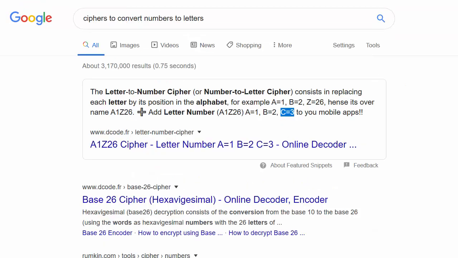If you now Google ciphers to convert numbers to letters, it will lead you to what we just discussed: A equals 1, B equals 2, and C equals 3. In real life, those numbers could represent a completely different character, but the challenge problem is only worth 50 points. So I presume it's not going to be of the difficult type, and why not try the easy ways first?